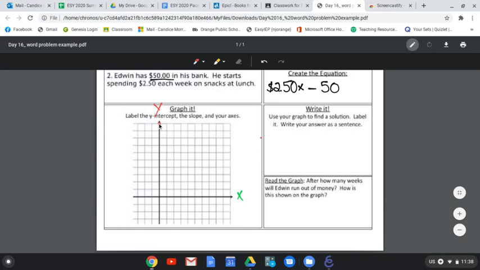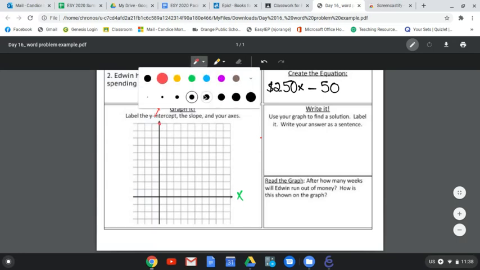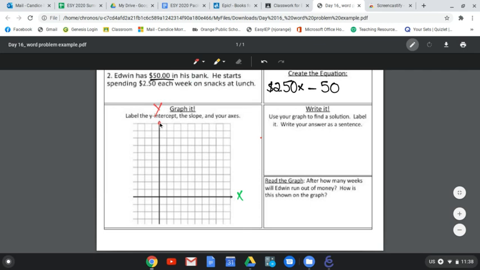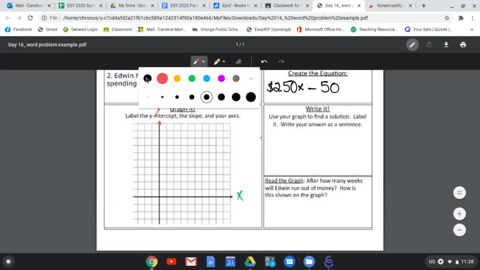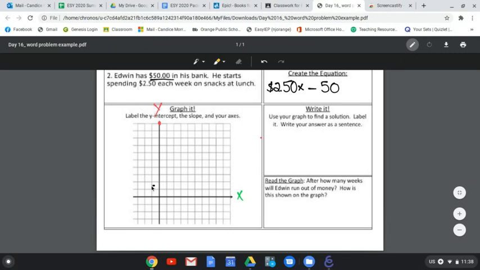It's right at the top here. Let me make this a little bigger. Okay, so there's our point, and we're starting at 50. I did it by 5s again, just like we did in our last one. Once we count by 5s, we know that it's going to go up to 50.